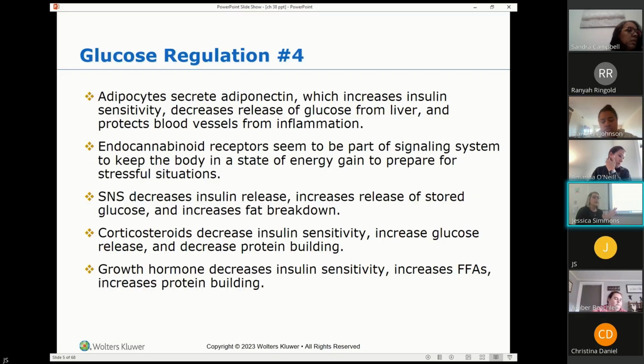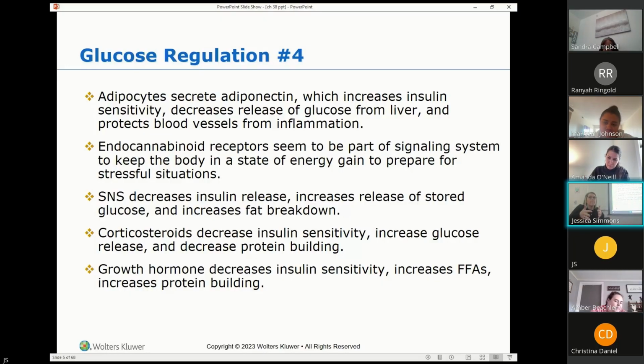So this can either come in the form of a stress response in the body with increased cortisol levels, or this can come from outside of the body where we have steroid intake, which causes decreased insulin sensitivity, causing hyperglycemia, which is why we need increased insulin, increased anti-diabetic medications while we're taking steroids.